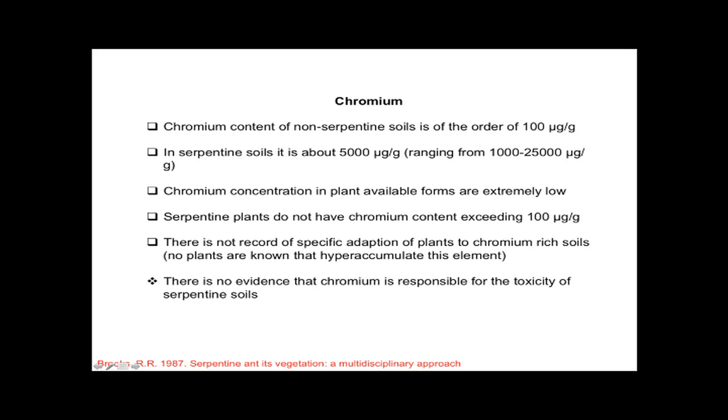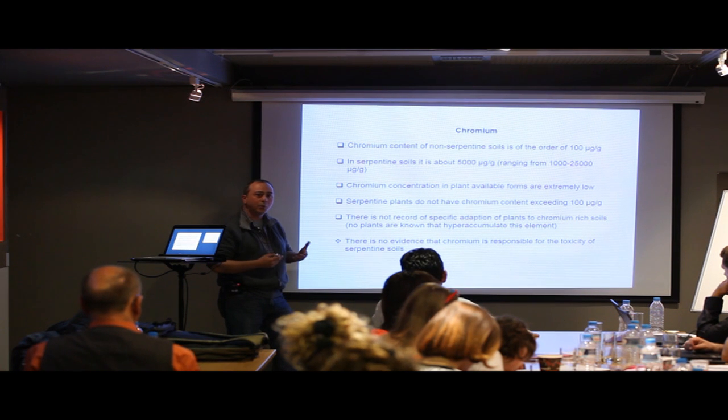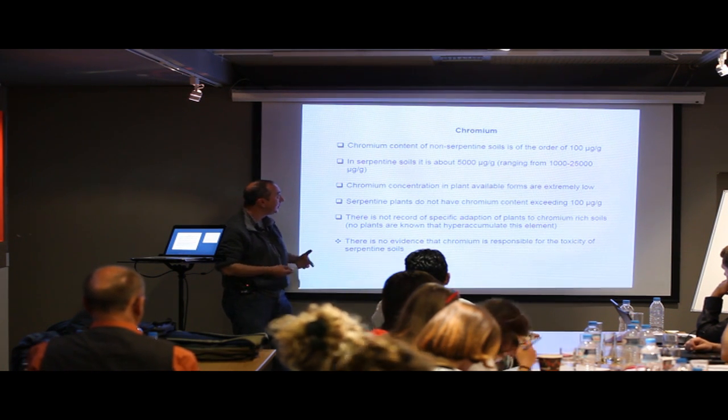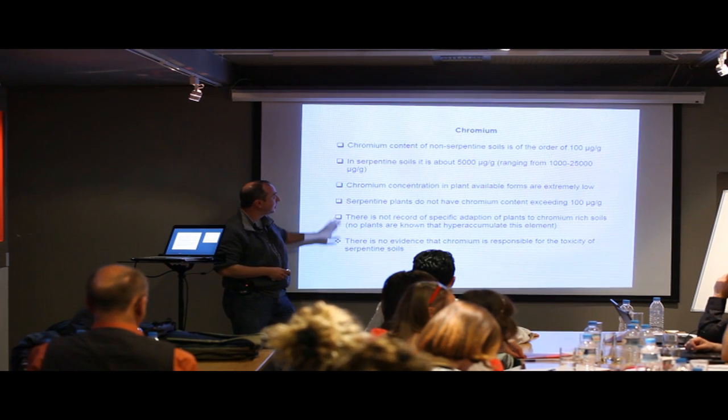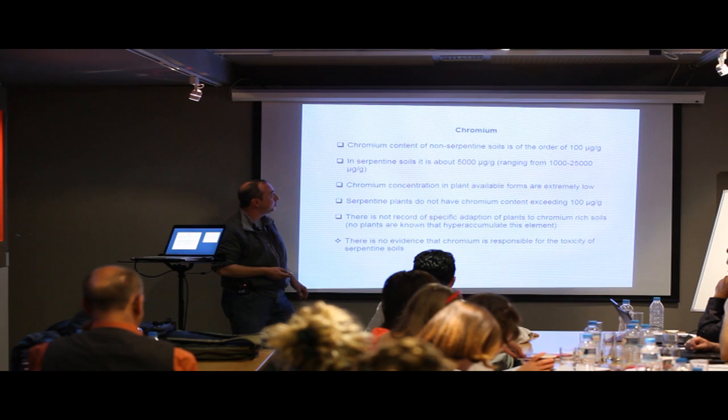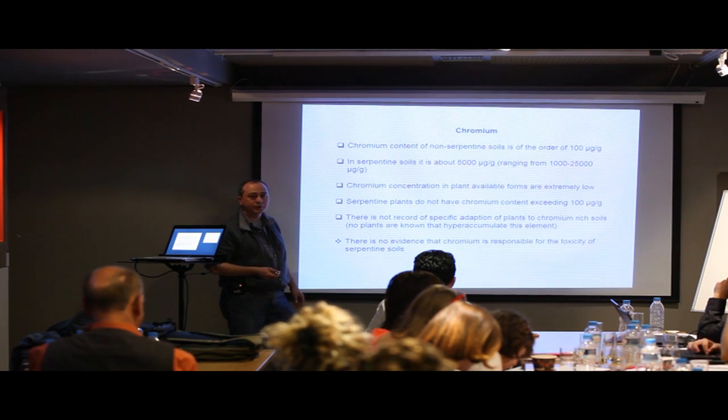However, chromium concentration in plant-available forms is extremely low, and serpentine plants do not have chromium content of more than 100 micrograms per gram. Also, no hyperaccumulator of chromium has been found in the world. So there is no evidence that chromium is a very important factor in the serpentine problem.